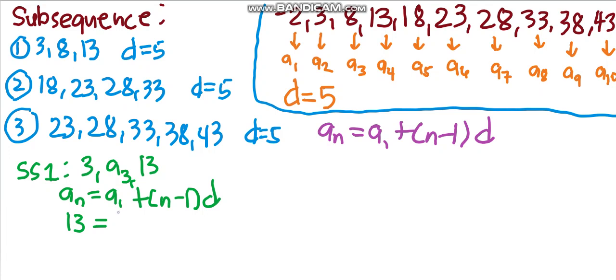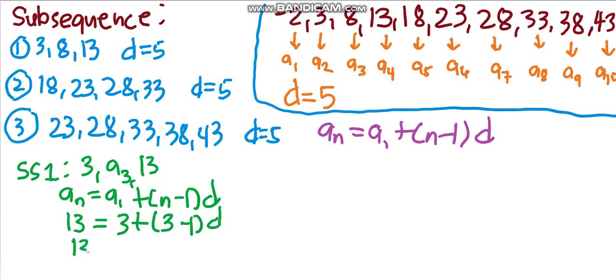Our a sub 1 is 3. Someone may ask, why there? I thought a sub 1 was -2. Again, class, we want to prove that the general term is applicable even to the subsequence. And n is 3, because we have 3 terms there. And our D, we don't know, assuming that we do not know it.